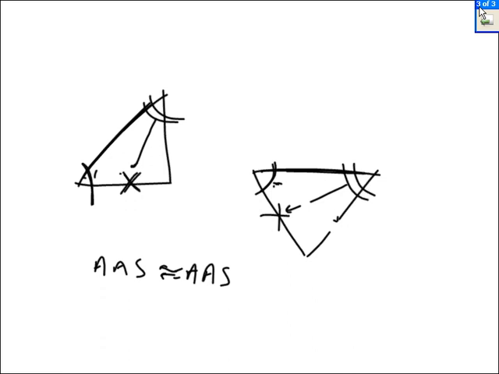They are congruent. So it's just not enough to have two angles corresponding in one triangle and another, and then a third side. If that side is in between the two angles, ASA, these two triangles are congruent.